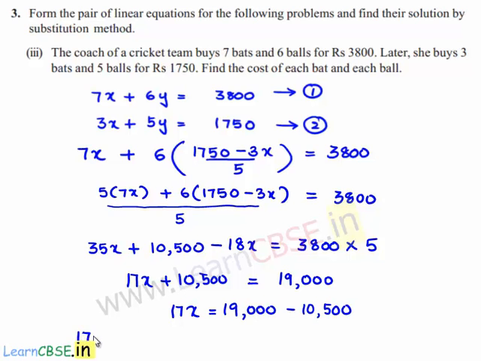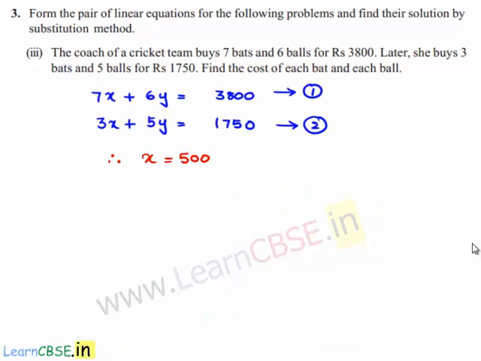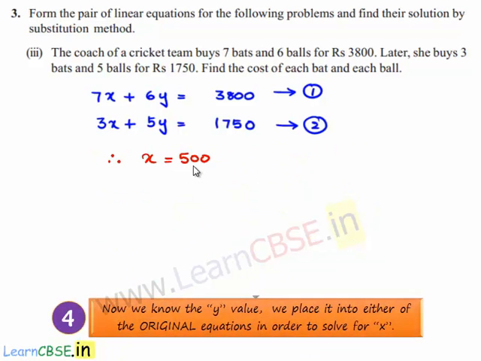So 17x is equal to 8,500. That implies x is equal to 8,500 divided by 17. So which is nothing but 500. So the value of x is 500.